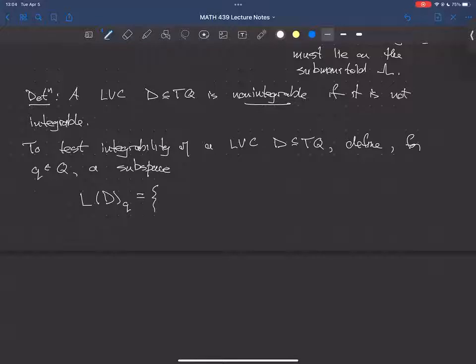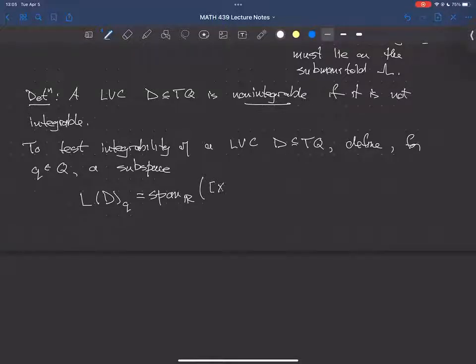This is going to be the span of a collection of vector fields, and I'm going to tell you how to build those vector fields. We talked about Lie brackets, and this construction involves them.